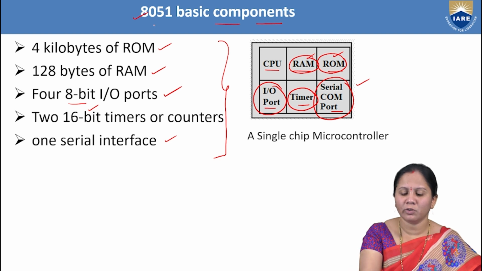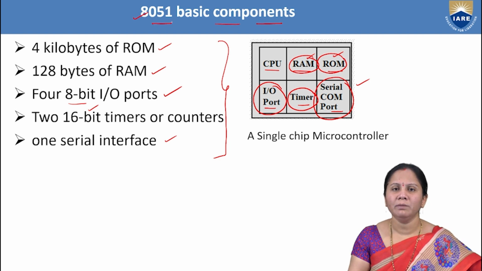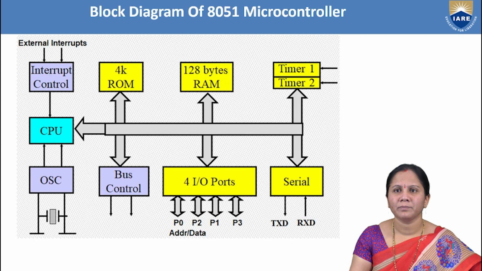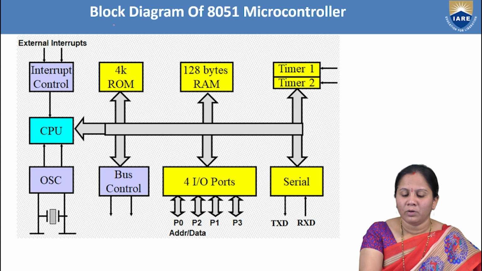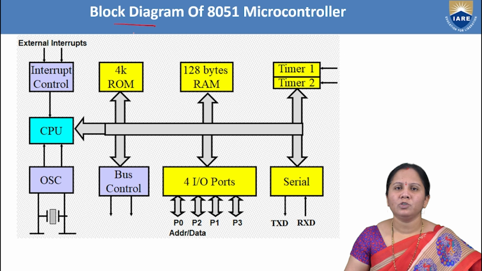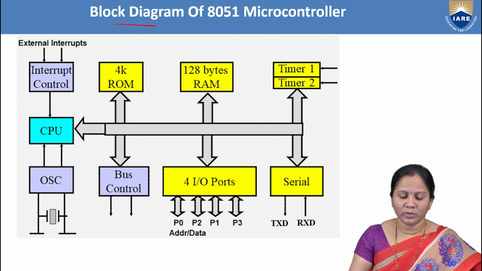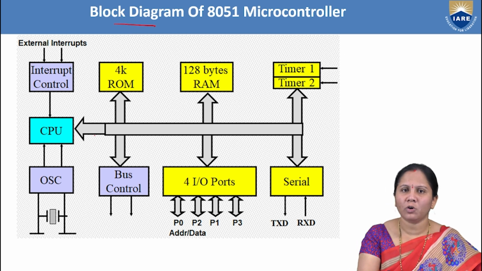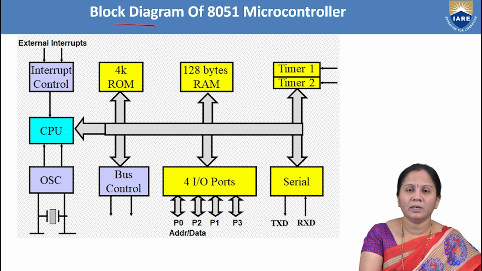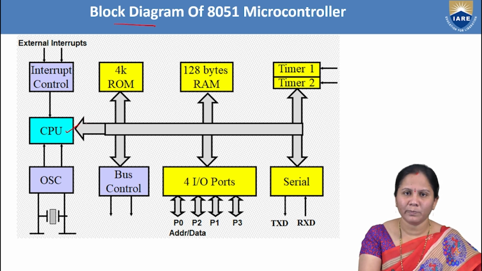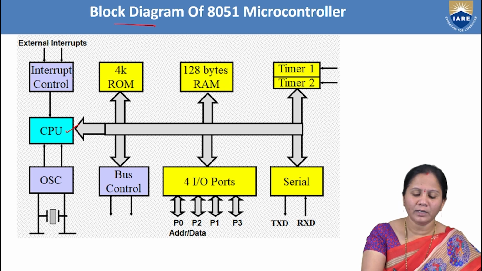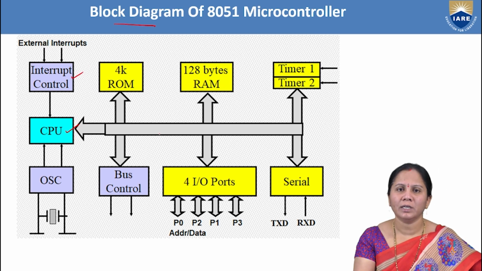So these are the components of the 8051 microcontroller. Now coming to the block diagram of the 8051 microcontroller. It consists of the CPU, that is the microprocessor. Here is the interrupt control, a unit which handles all the external interrupts produced by external devices.